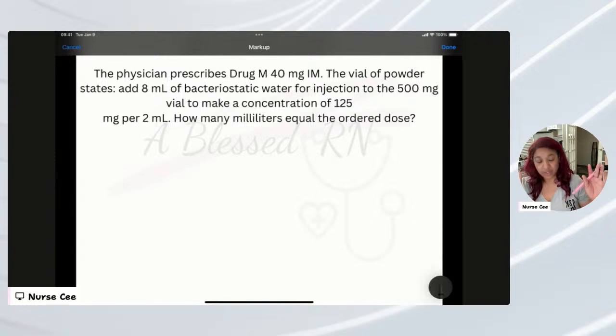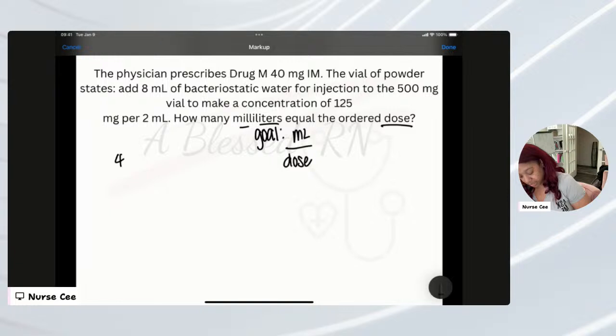Okay, so first things first, we're not going to deter and move away from the process. We're going to figure out what the goal is, right? Goal is how many milliliters per dose. Okay, so milliliters per dose. What's ordered is 40 milligrams is one dose.